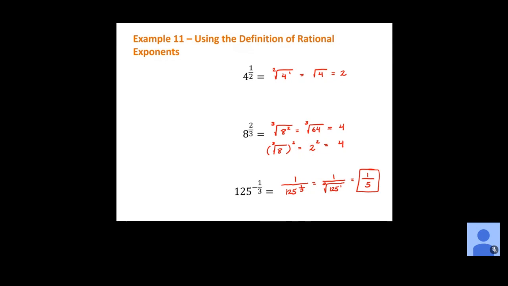On some graphing calculators, like the first one here, you're going to use your caret key for the exponent. You might have to put parentheses around your fraction. It kind of depends on how your calculator operates. Some of them automatically move you into the exponent and you can actually put in a fraction. But if it doesn't do that, then just make sure you group together the 1 divided by 2 there for the 1/2. But when you do that, it should give you 2. Same thing with 8 to the 1/3. If you put that in the calculator, it should come out that way. Okay.